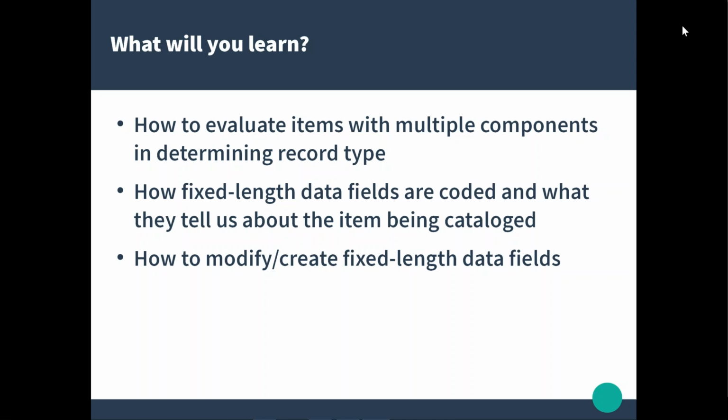So you may actually need to modify and create some of the fixed length data fields and some of the other items in the record. So in this training, you'll also learn about fixed length data fields, how they're coded, and what they tell us about the item being cataloged. And you'll also learn how to create fixed length data fields.